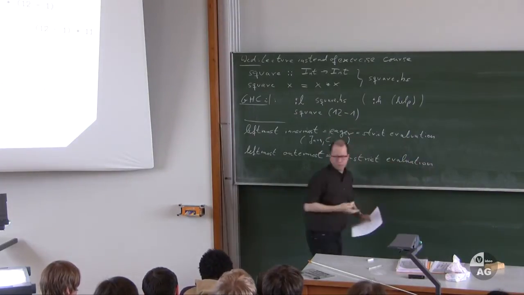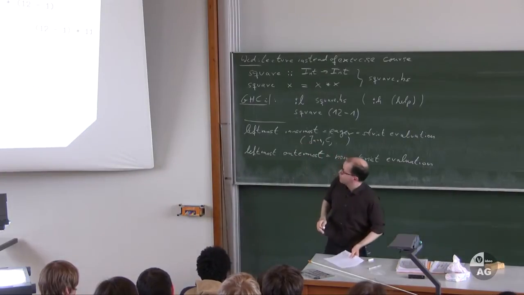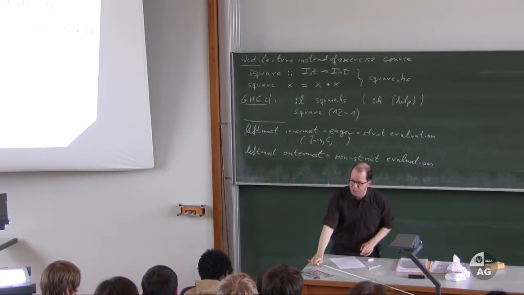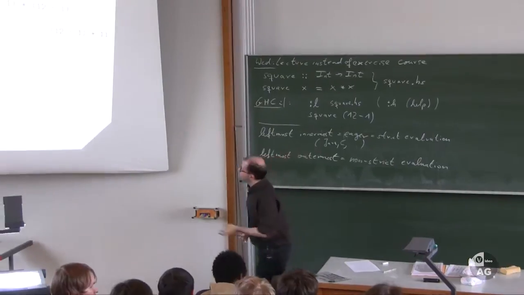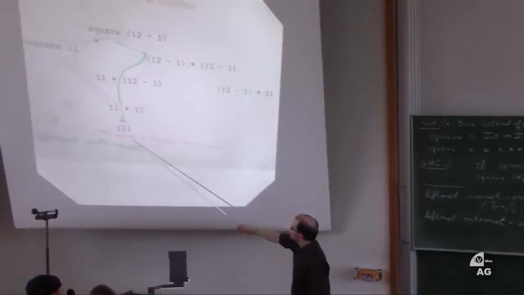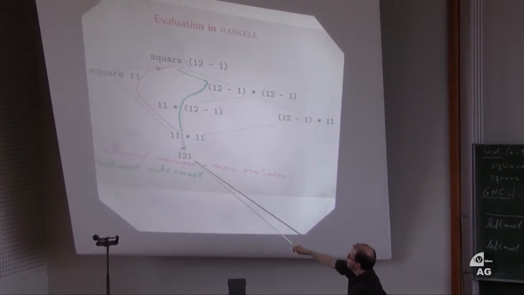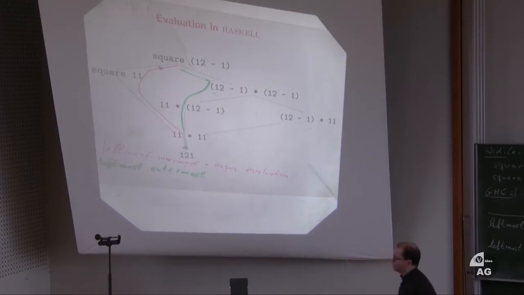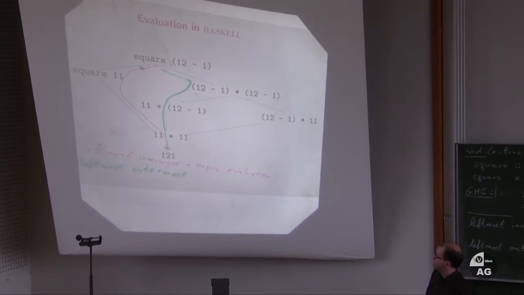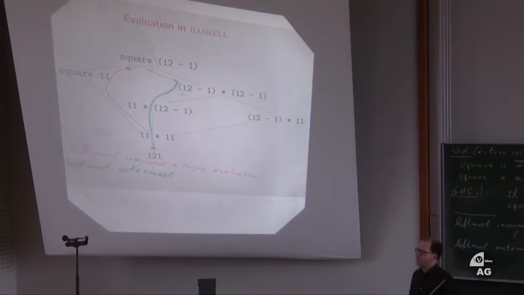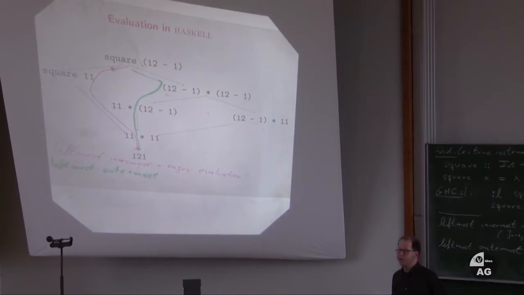Now we can discuss what are the advantages and disadvantages of these two evaluation strategies. So first thing is that luckily they reach the same result. So no matter what evaluation strategy you use, it ends up with 121. And the first question is, is this coincidence, or are there programs where with this one strategy you get 121 and with the other you get 122? So it's pure chance what your result is.